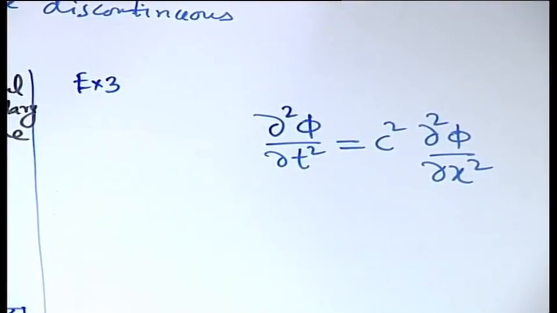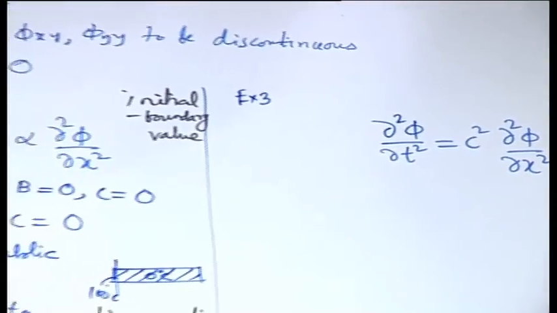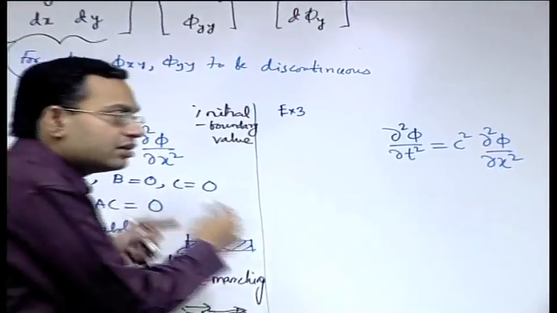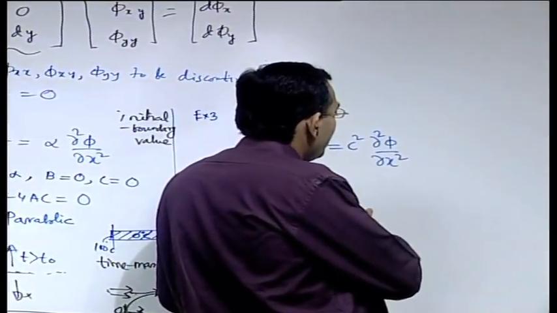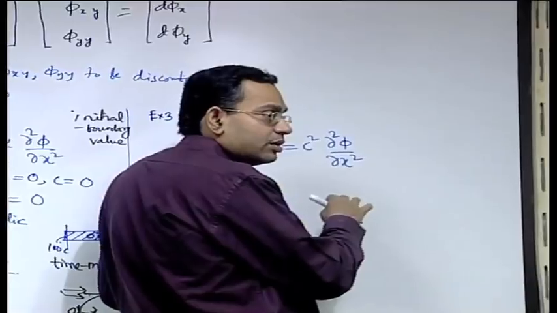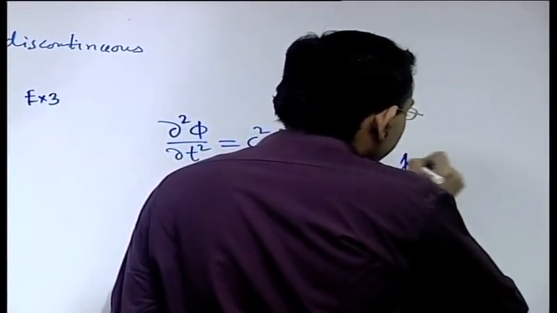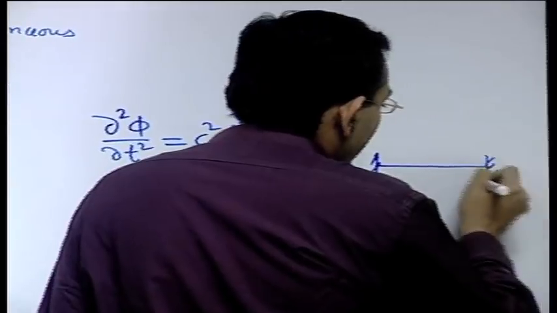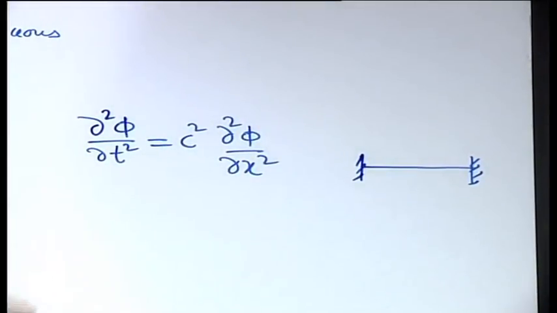We considered one example where it was a steady state heat conduction, another example where unsteady state heat conduction. This is an example of maybe a wave propagation, or we can say physically an example where you have a string which is tied at the two ends.